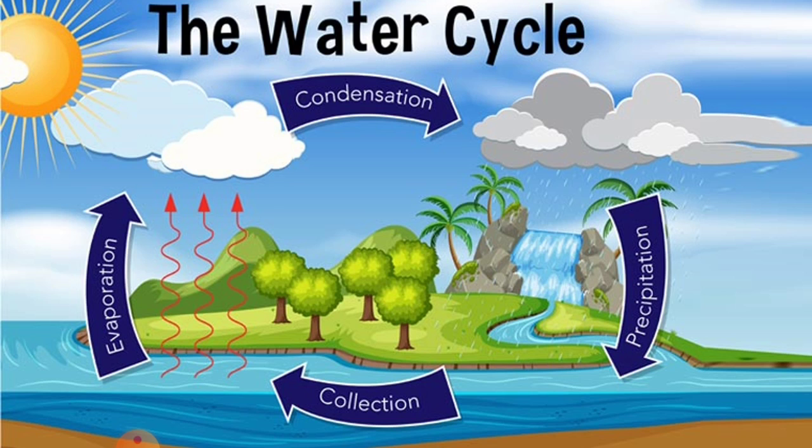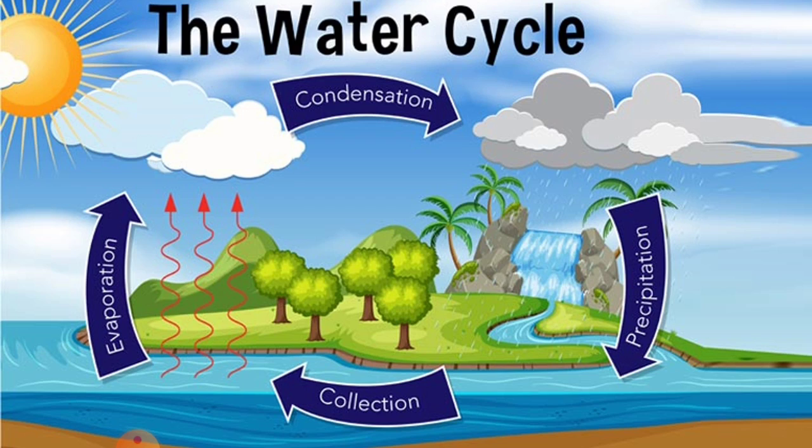Water is constantly in motion due to evaporation, condensation and precipitation. Now let us know what is evaporation. Evaporation is the process of turning from liquid into vapor. What is condensation?